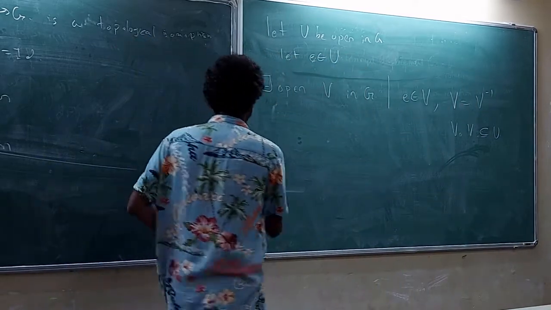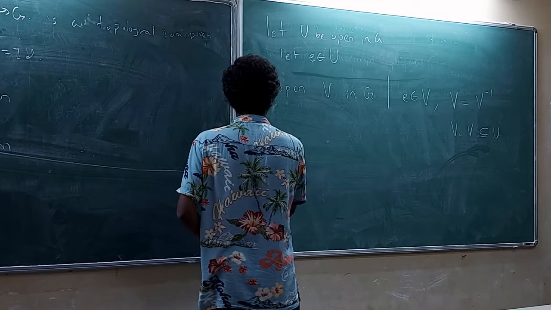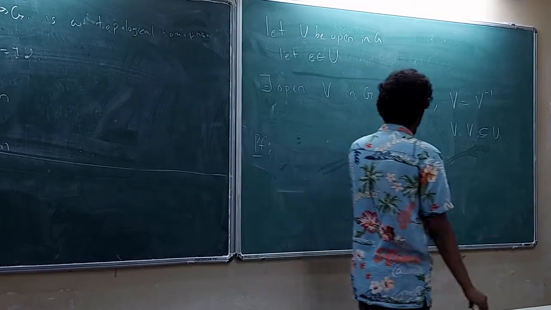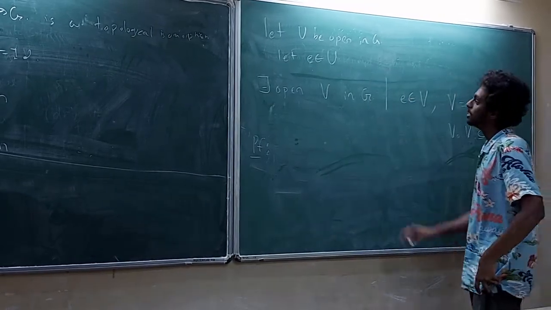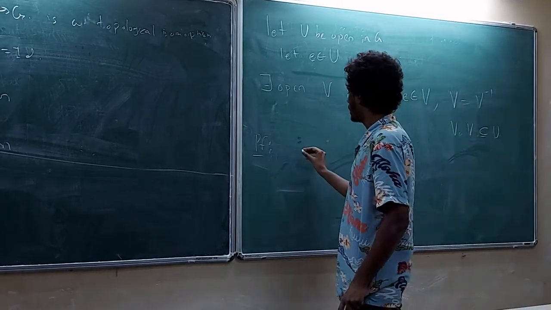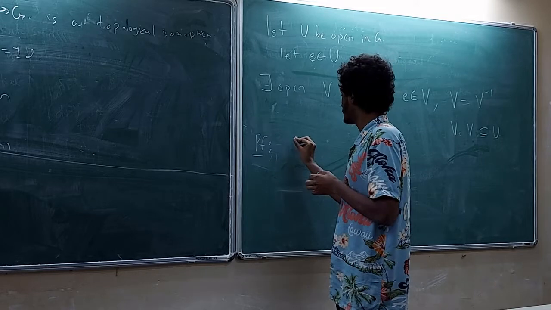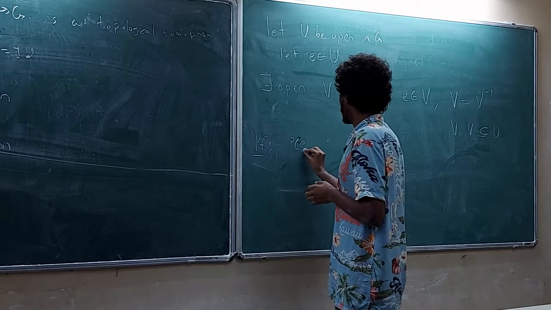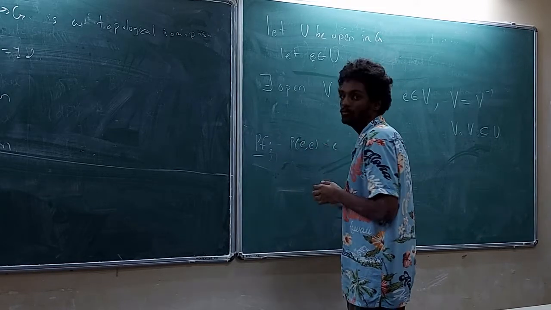So the proof is again not too hard, but I will just sketch it. So E lies inside this U, right? And we know that under the product, E comma E is equal to E, obviously.